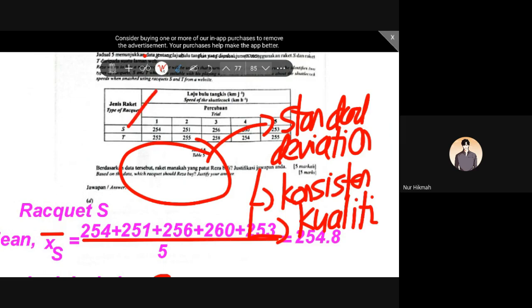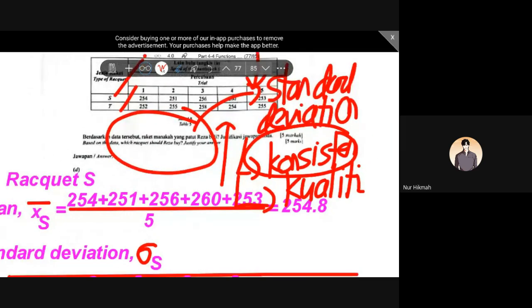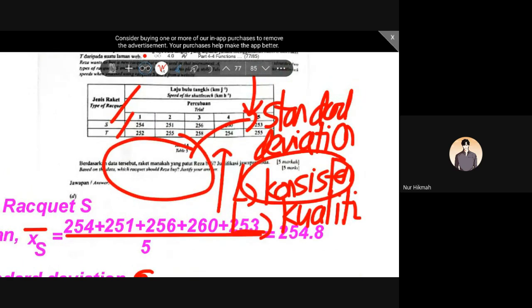So itu boleh ditunjukkan dengan cara raket mana yang dia nak pilih berdasarkan consistency. So kalau kamu nak konsisten tinggi, nilai standard deviation kena rendah. So boleh faham yang tu? Can you all understand? Maksudnya kamu kena cari raket mana yang akan beri standard deviation rendah. Dan kamu compare antara dua-dua tu.